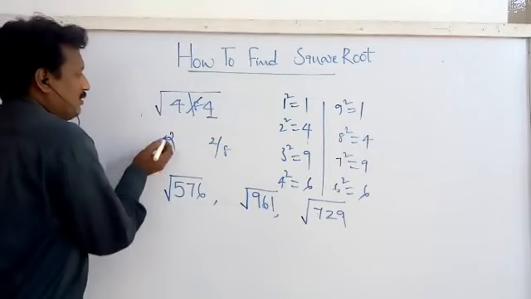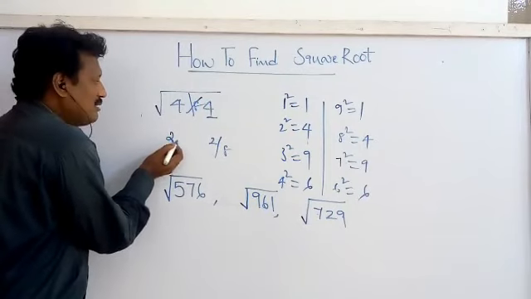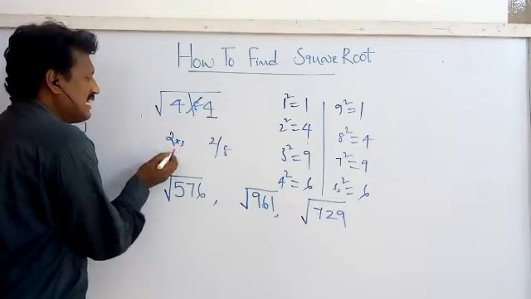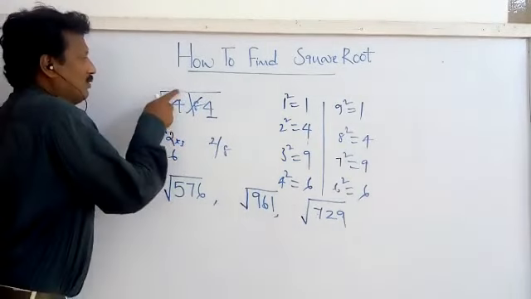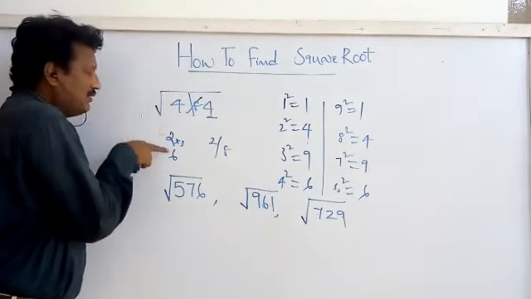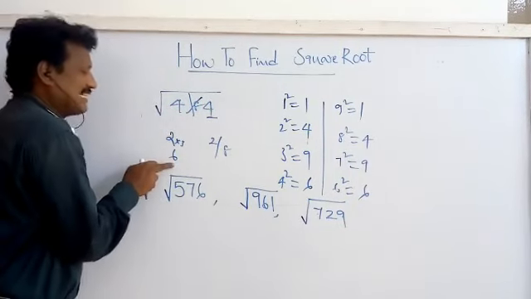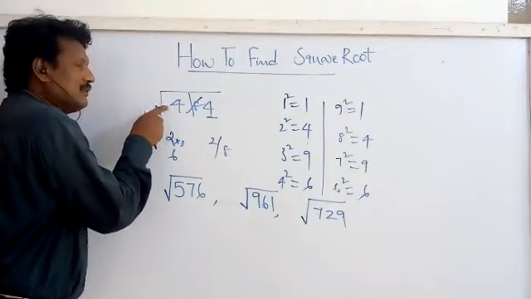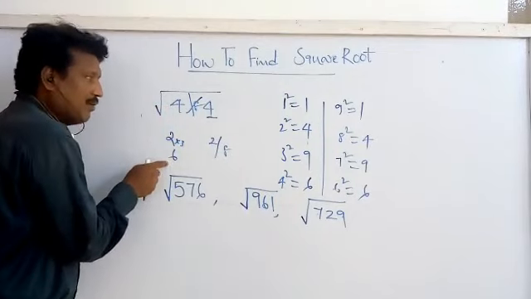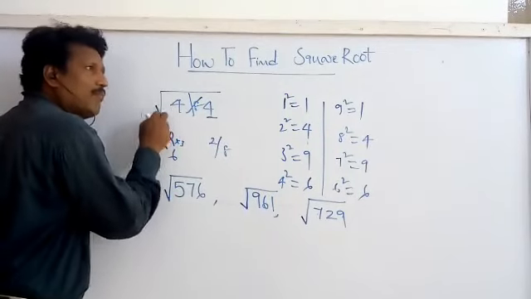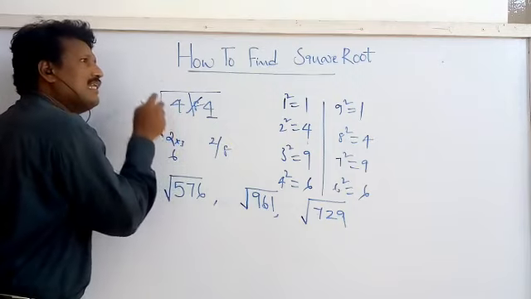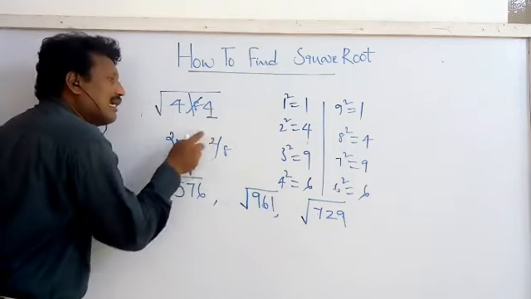See, the following number of 2 is a 3. 2 3s are 6. Now this 4 we should check with the 6. Now this 4 we have to compare with the 6. If the 4 is less than this number, then we have to take a less value.